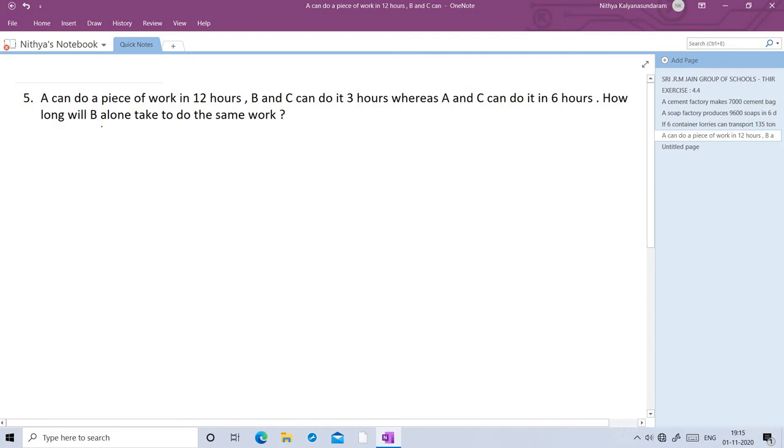Next question. A can do a piece of work in 12 hours. B and C can do it in 3 hours, whereas A and C can do it in 6 hours. Then how long will B alone take to do the same work?